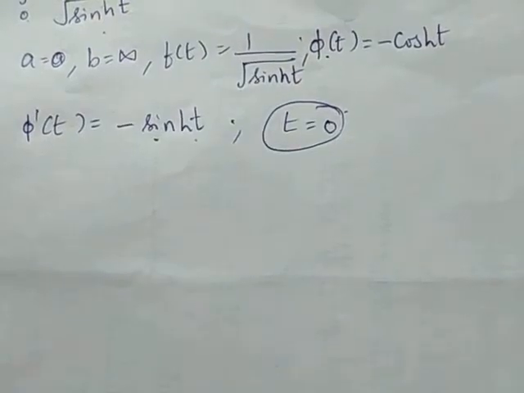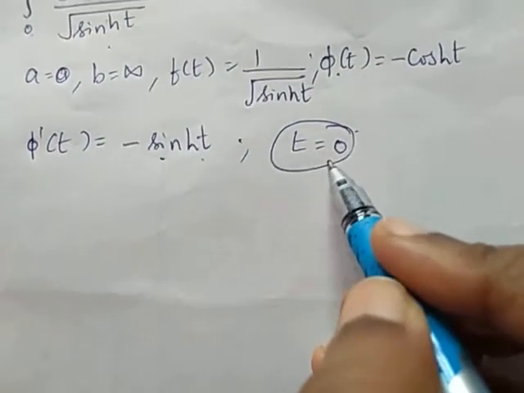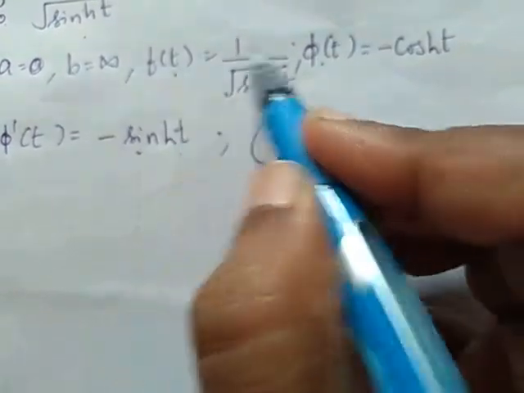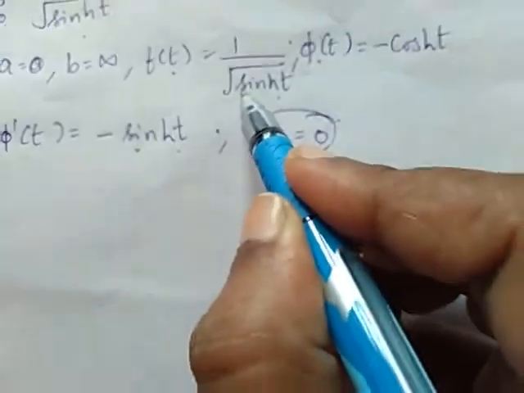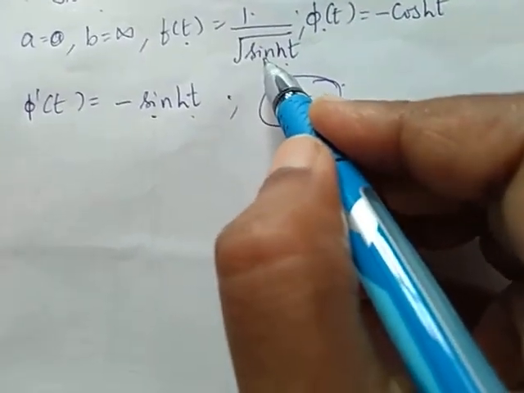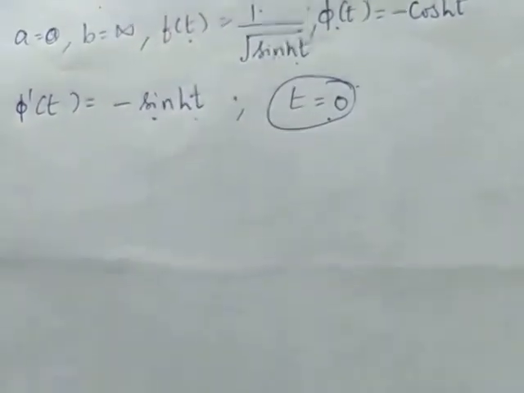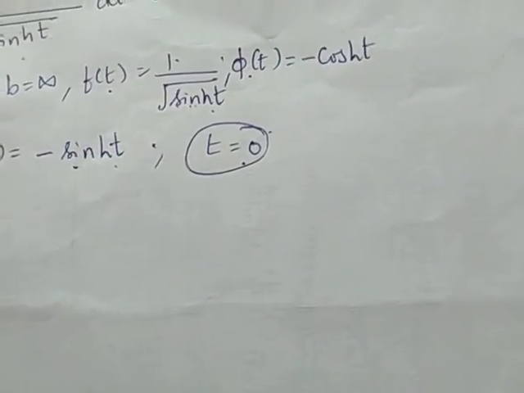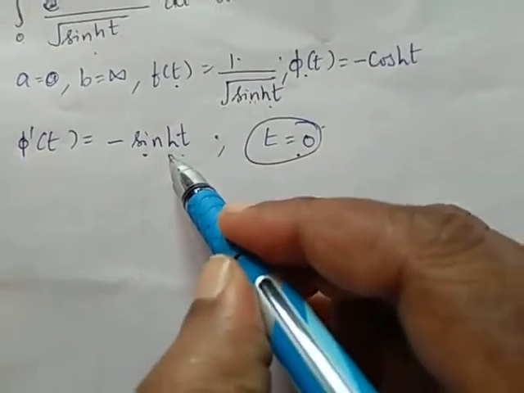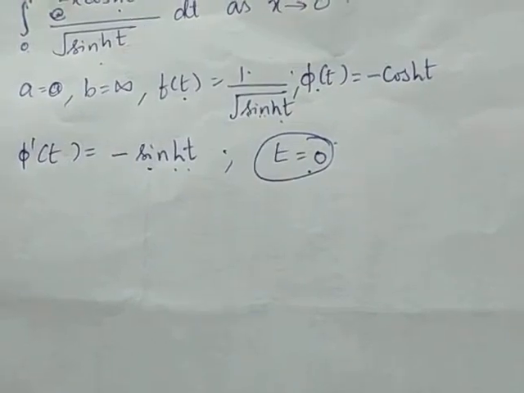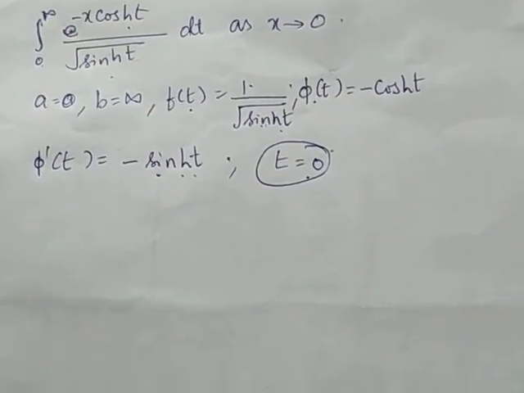When we substitute t equal to 0, f of 0 becomes infinity because sinh 0 is 0 and 1 by 0 is infinity. So to avoid this condition, we are going to substitute the Taylor series expansion for sinh t and cosh t. This we have solved in the previous problem also. Same procedure we are applying here.